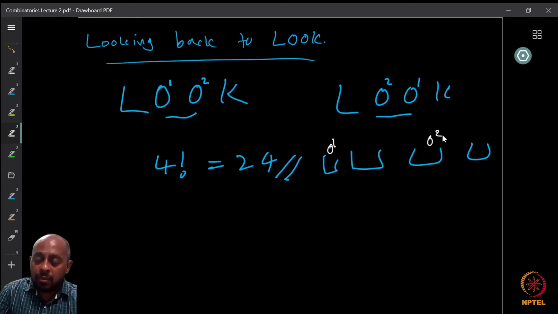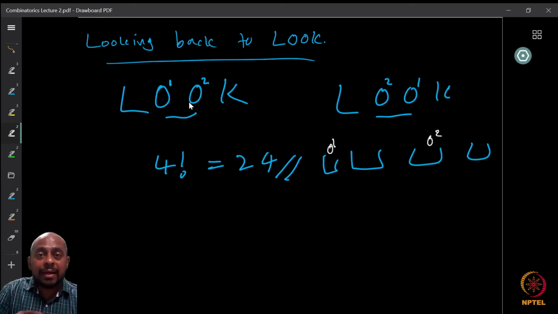I cannot move the O to somewhere else because that is going to create a different word. So if I swap, there is no problem. When I swap, how many possibilities are there? Either 1 goes to 2 and 2 goes to 1, or the same thing. There are only 2 possibilities, right? So there are exactly 2 ways to get this, O1, O2 or O2, O1, by swapping them. And these are the only overcounting.